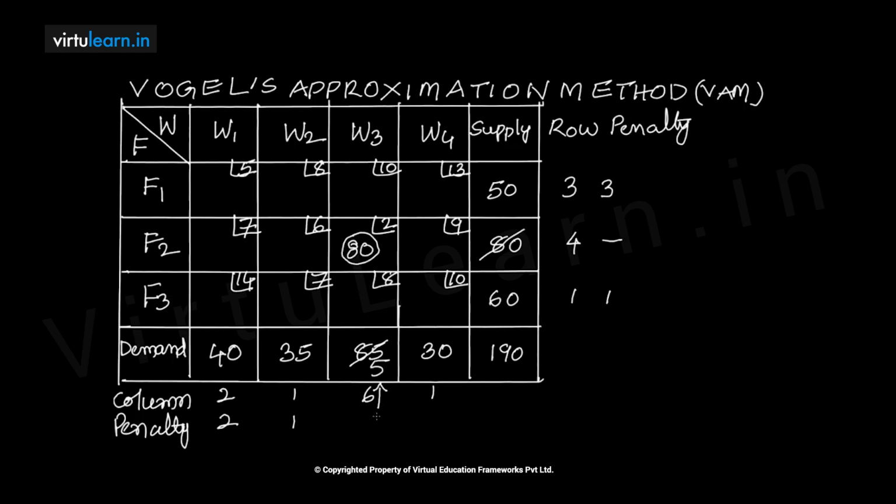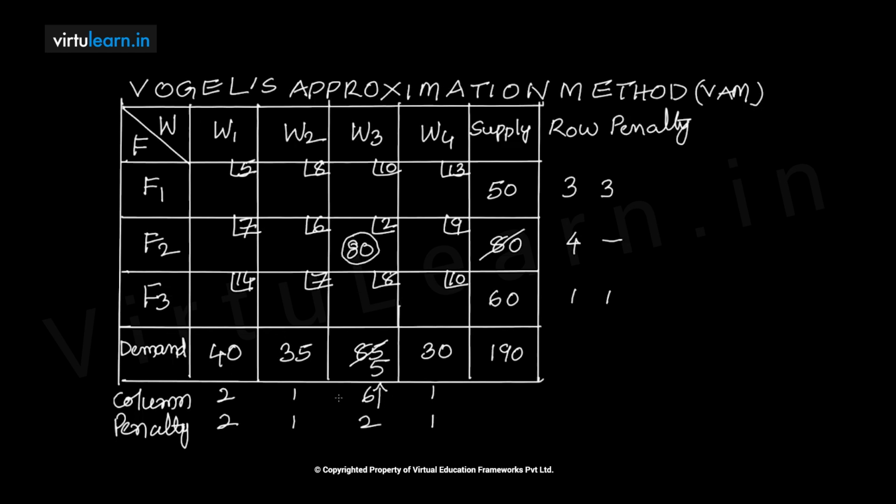Then in this we can make allocations in other cells, but what we need to understand here is, since the F2 row is not available, we have to exclude that and write the penalties. That means 8 and 10 only have to be taken into consideration, and then the difference is 2. Then here the same 9 and 10, and the penalty is 1.